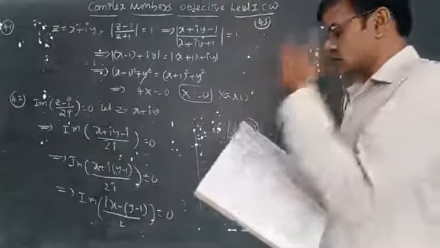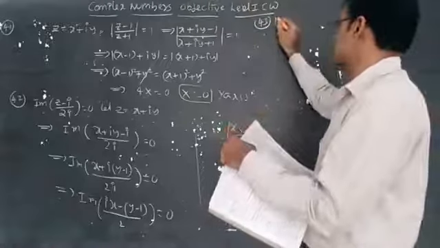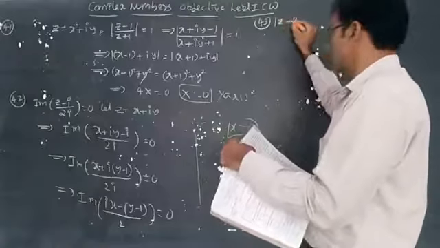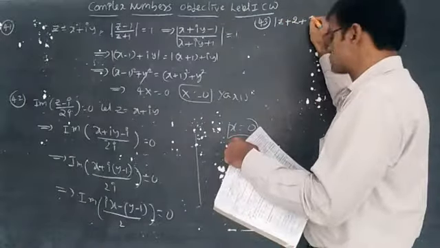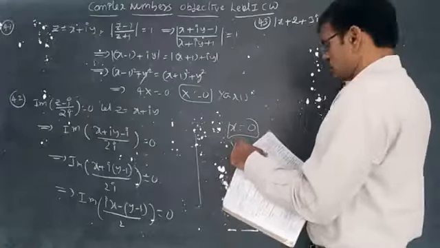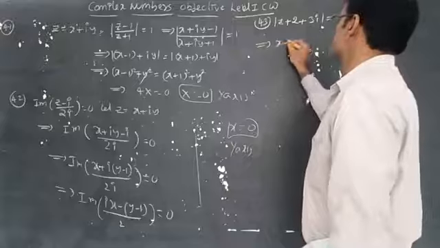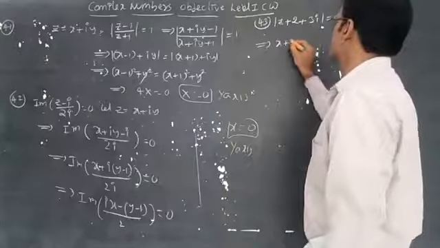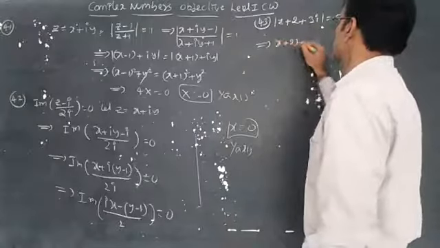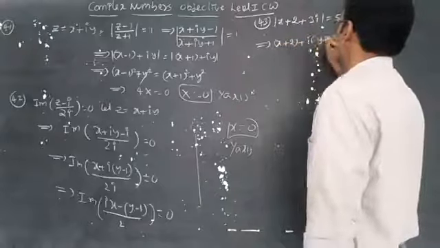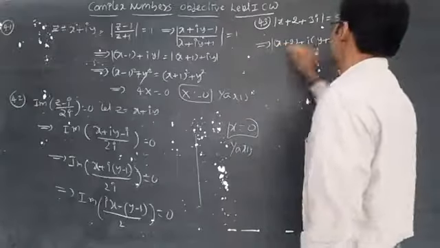43rd question. Modulus of z plus 2 plus 3i is equal to 5. Then locus of z. These are easy sums. Let z be x plus iy. So you can write x plus 2 plus i taken common into y plus 3, over modulus, is equal to 5.